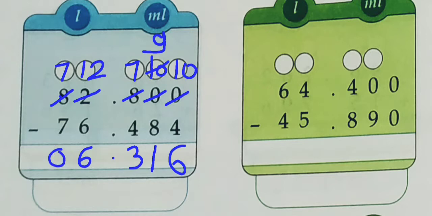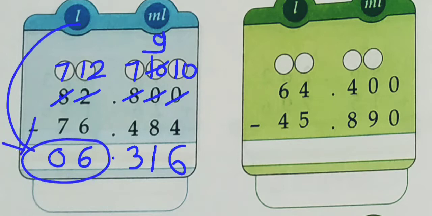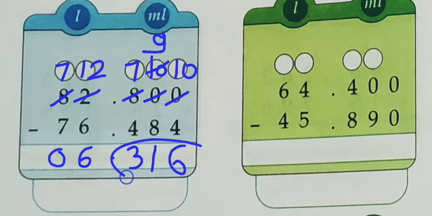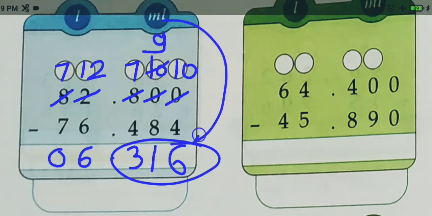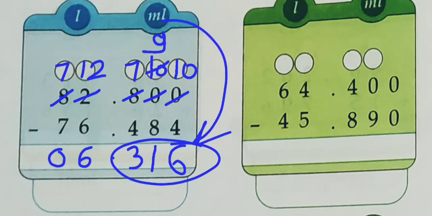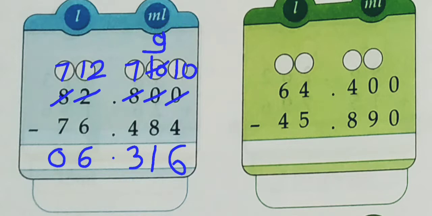Now you can see this part is given below the liter. It means 6 liter. And this part is given below the milliliter. It means 316 milliliter.